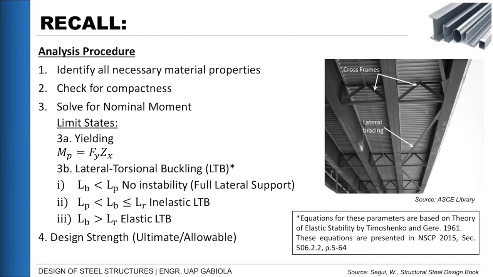We check it first by yielding, by getting the plastic moment capacity of the section, wherein we utilize its Fy multiplied by the plastic modulus Zx. Okay? And then the other limit state is what we call lateral torsional buckling.